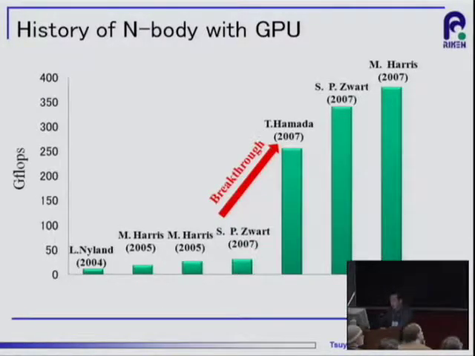Up to now, a lot of reports have been published about N-body simulations with GPU. But a breakthrough exists in my report. What is the difference between past reports and my report?